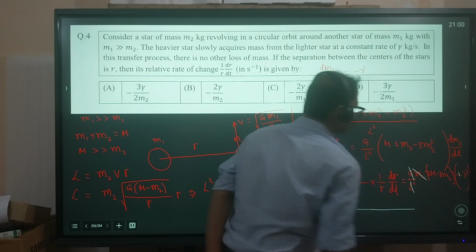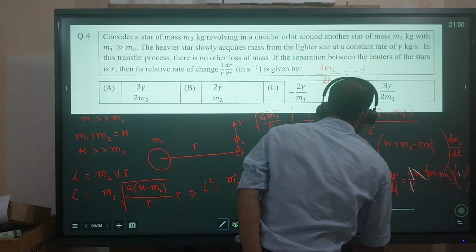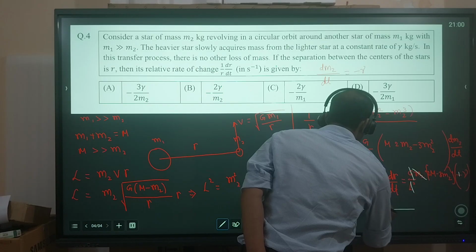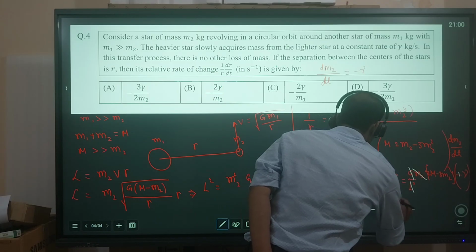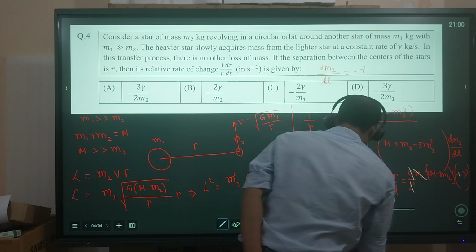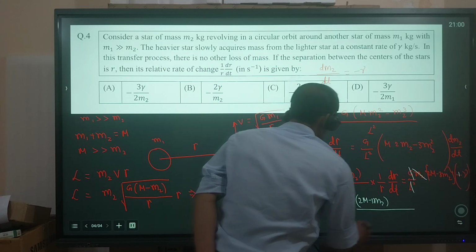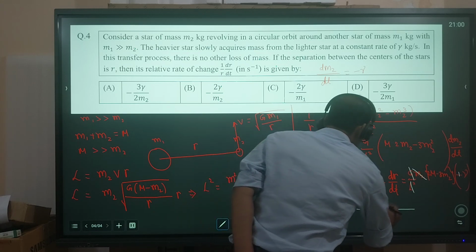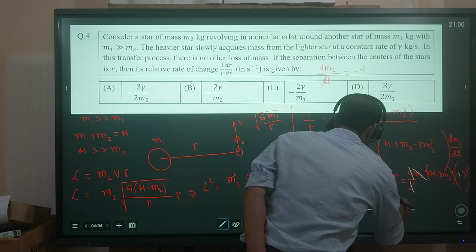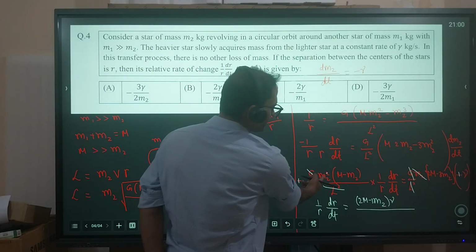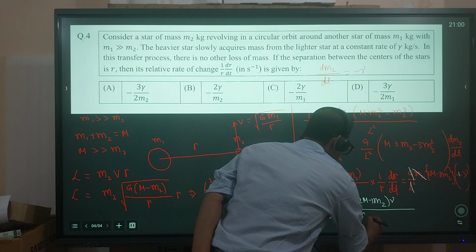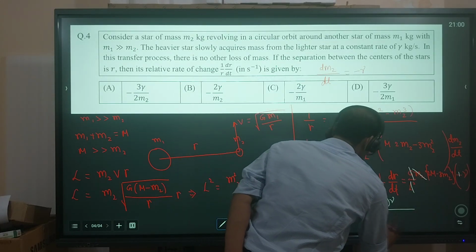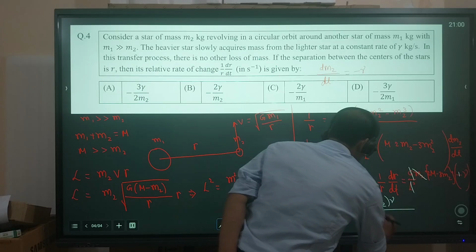And this will be what? This side we have 2M minus 3M2 into gamma times M2, divided by this M2, and divided by M minus M2.